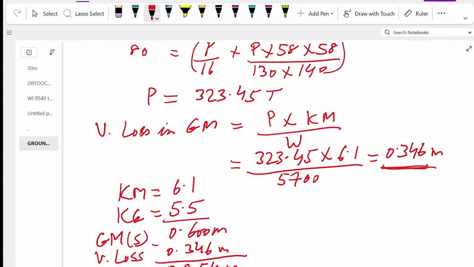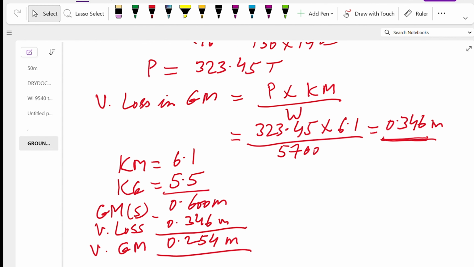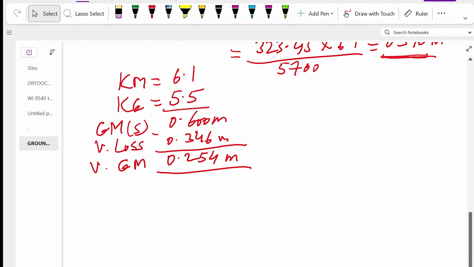Now they are asking that after the tide has fallen by 80 centimeters, what will be the forward and aft draft? First of all, let's find the mean rise.